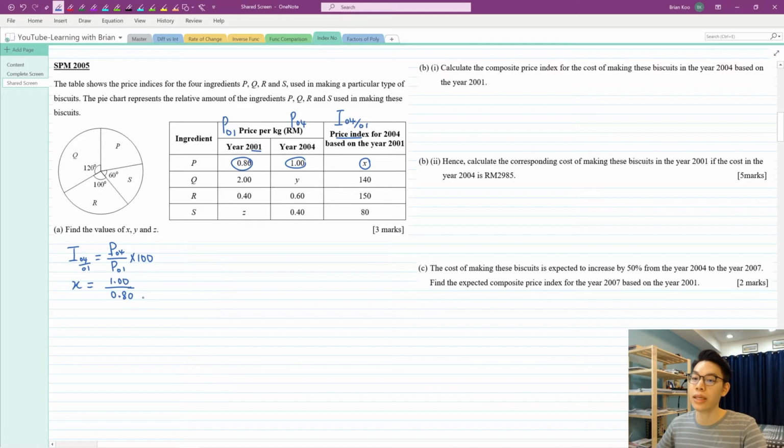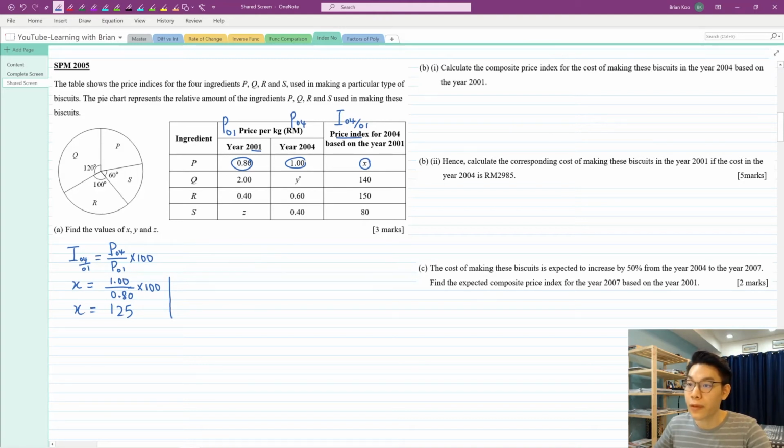Always remember, bigger year always on top. So year 2004 is on top, times 100. So X will be what? Use calculator. 1 over 80 cents times 100, you get 125. That means that the price for ingredient P actually has increased by 25%.